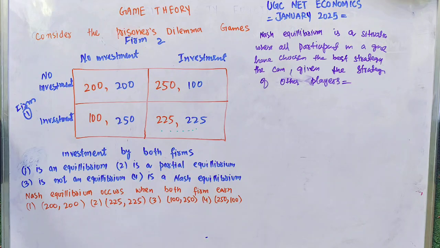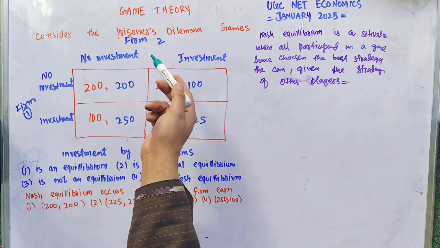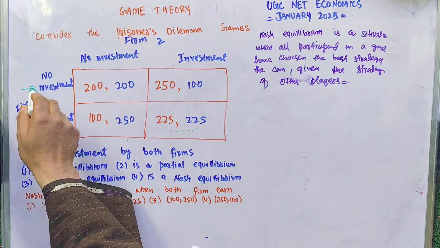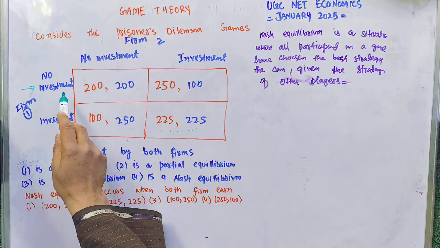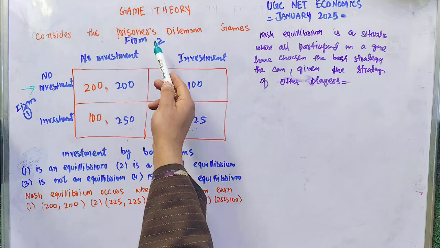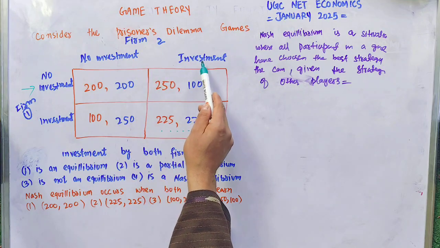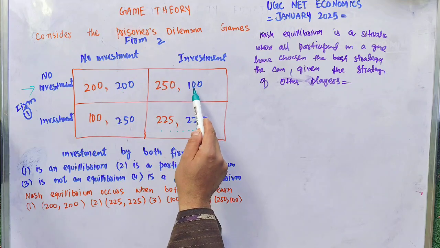So let us see from the perspective of firm 2. Let us suppose firm 1 chooses not to invest. If firm 1 chooses no investment, firm 2 has two options, either no investment or investment. No investment gives it a 200 payoff, investment gives it a 100 payoff.